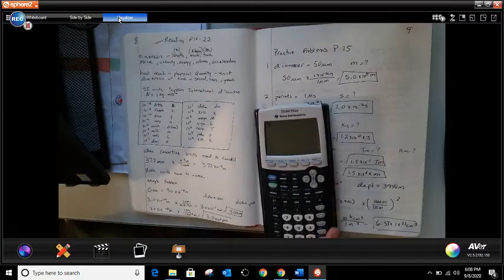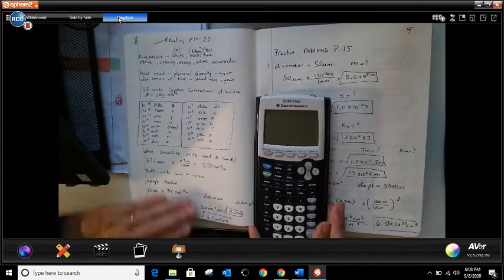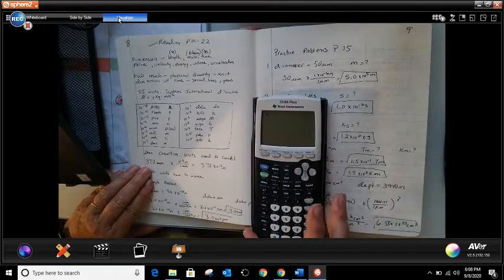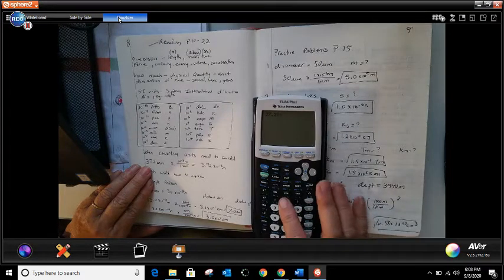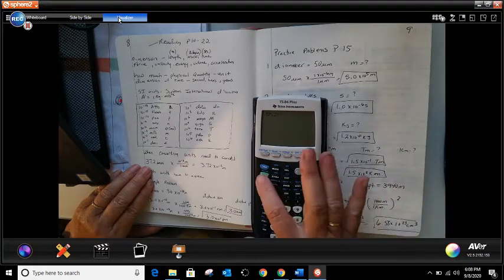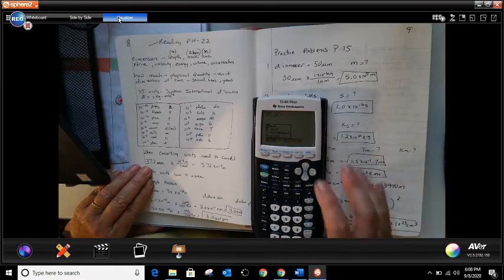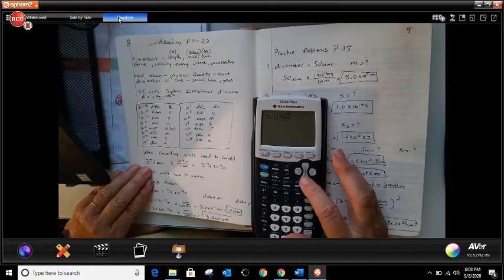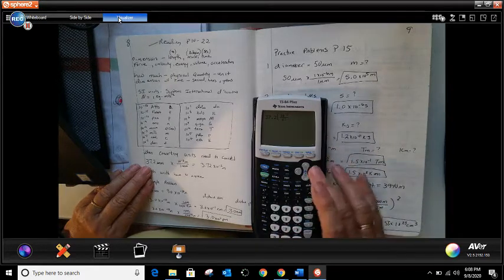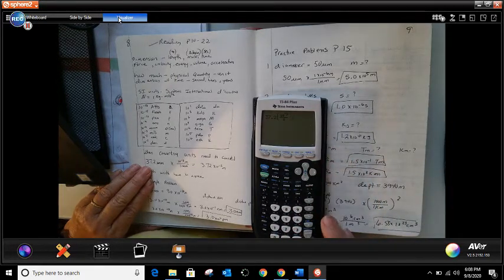So, in our calculator, when we're doing this, we will need to do 37.2. We can do an open bracket if we want to. Alpha y, and we're going to do 1 because we're going to do a fraction, right? 10 to the power of negative 3 over 1 over, close our bracket and hit enter.